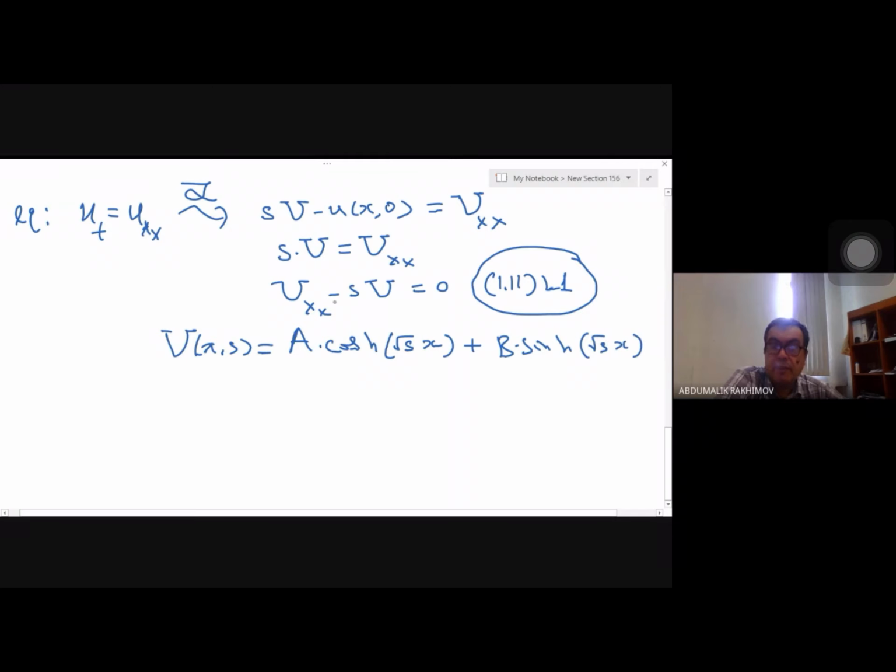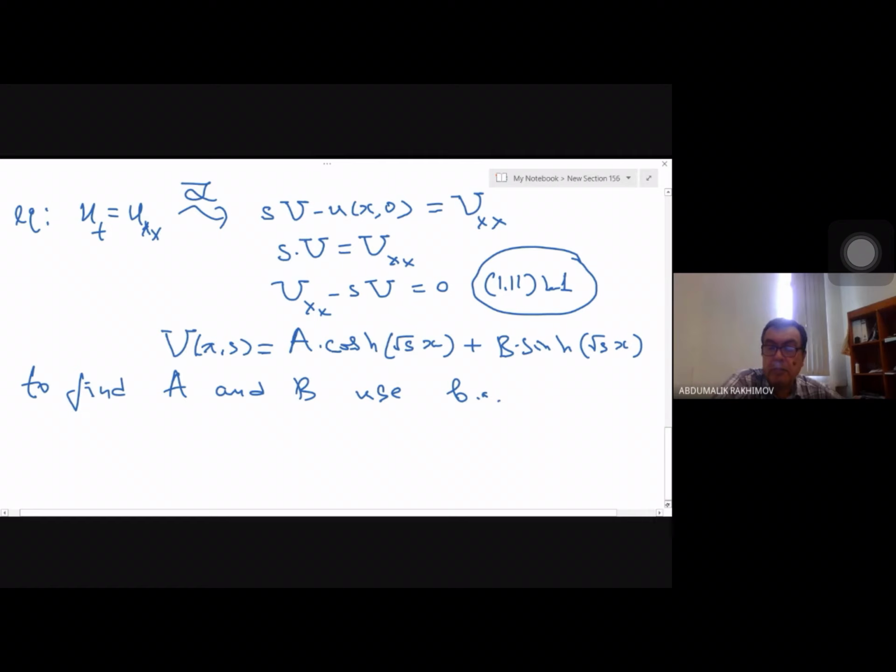You can also use the exponential form, but in this case we will use the hyperbolic form. Remember, lambda is minus s, so root of minus lambda is root of s. To find a and b, we will use boundary conditions.